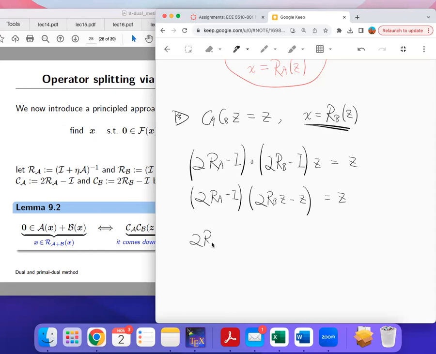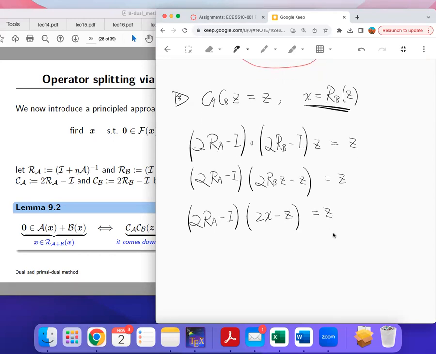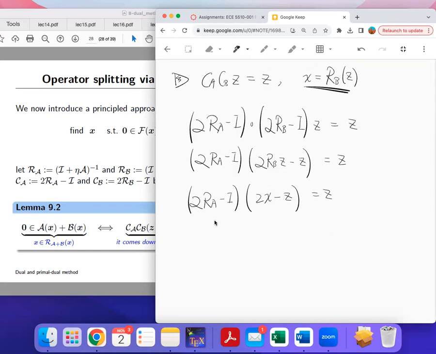So this is 2R_A minus I times 2x minus z. So we simplified things a little bit, and then we further expand it. So we get 4 times, and R_B z is x, right?